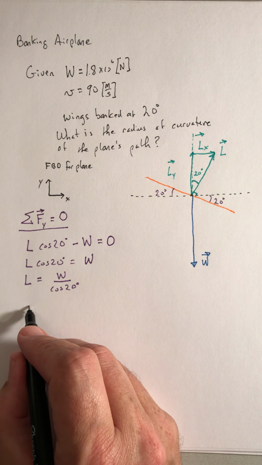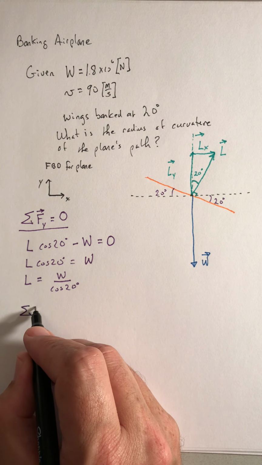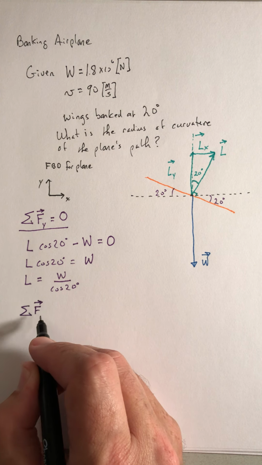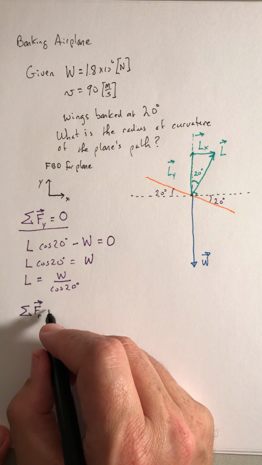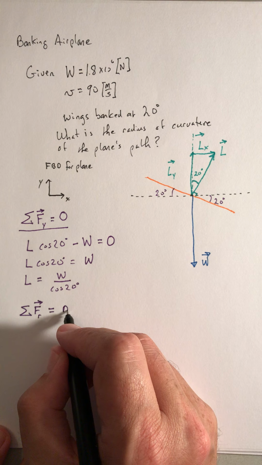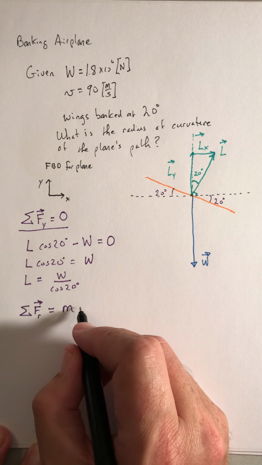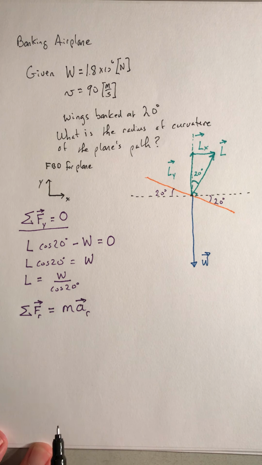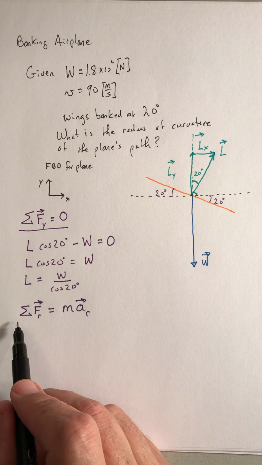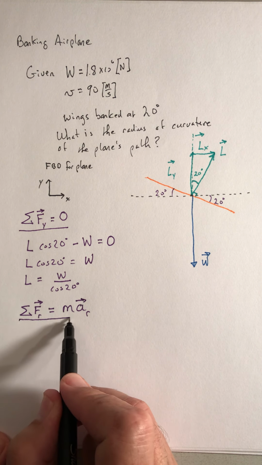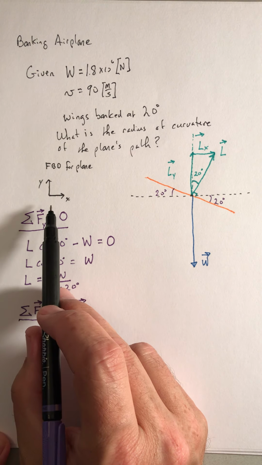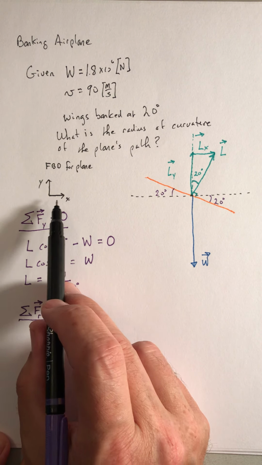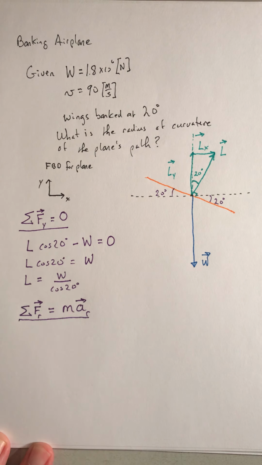So I add up all of the forces along the radial direction, and that's going to be the mass of the airplane times the radial acceleration. So that's Newton's second law of motion. And at this instant in time for the free body diagram, the radial direction is the same as the x direction.